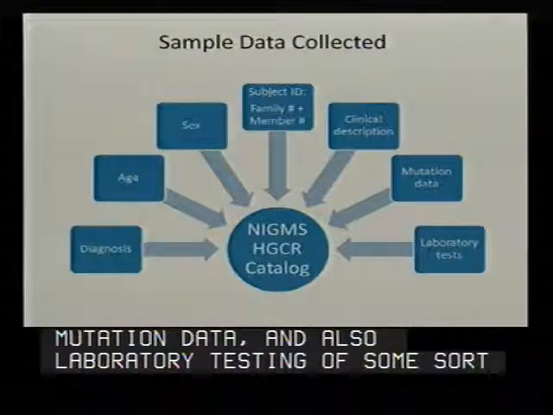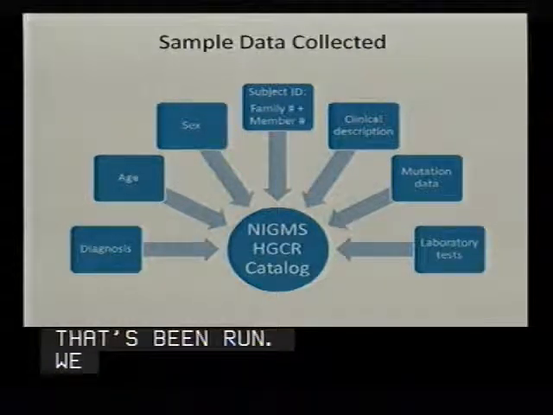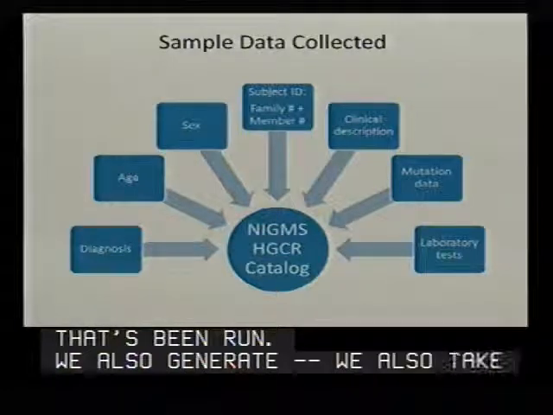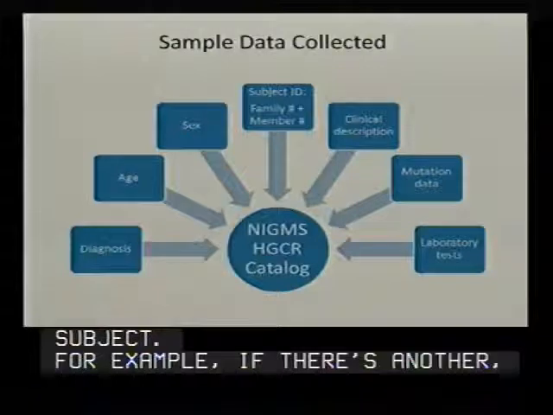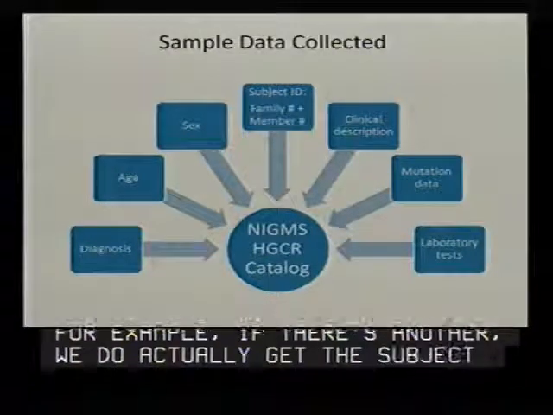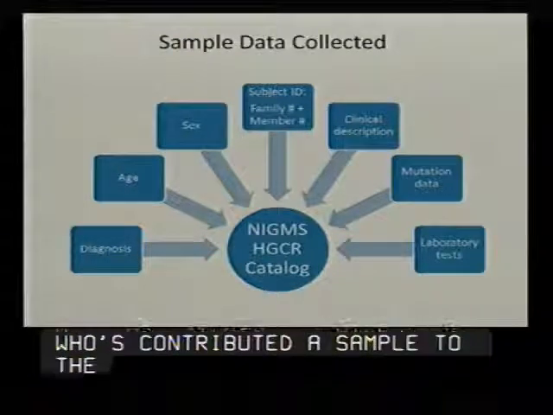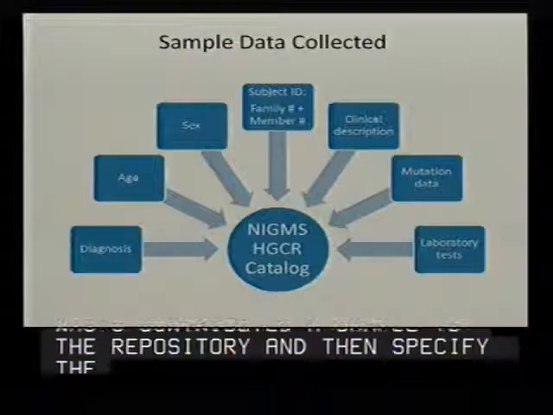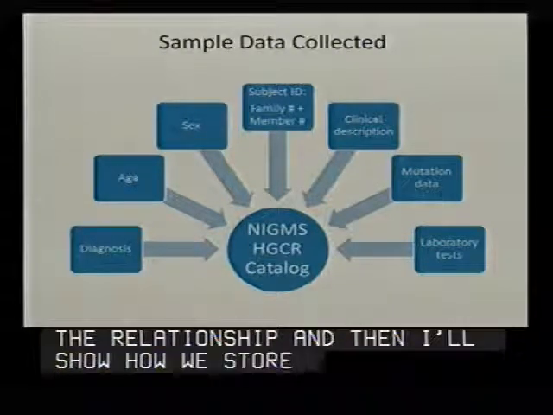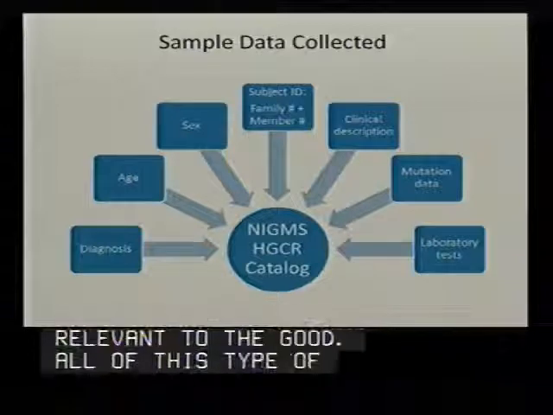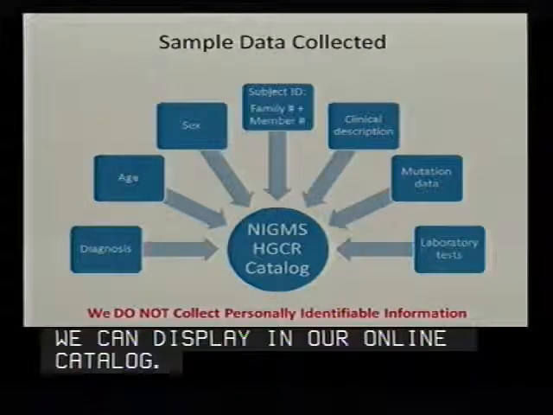We also take in some information about the subject. For example, we ask if the subject has another family member who's contributed a sample to the repository, and to specify the relationship, and then I'll show in a minute how we store that information in our database, which is relevant to the GUID. And all of this type of information we can display in our online catalog. And as I had mentioned, we don't collect PII.